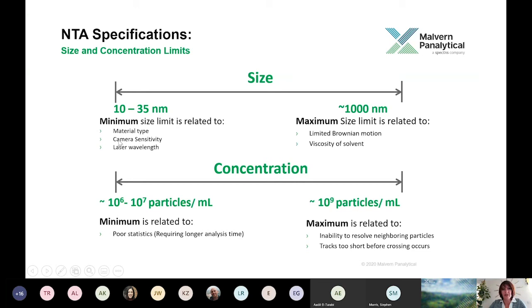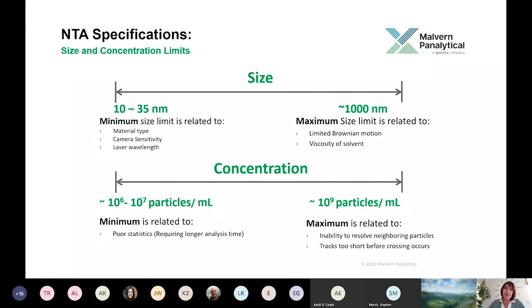This might also depend on the system configuration. With a more sensitive camera and a shorter wavelength, we might be able to characterize smaller sizes better. For biological particles, which don't scatter light as well as metals, the lower size limit starts around 30-35 nanometers. The upper limit of detection for size is dependent on the Brownian motion.